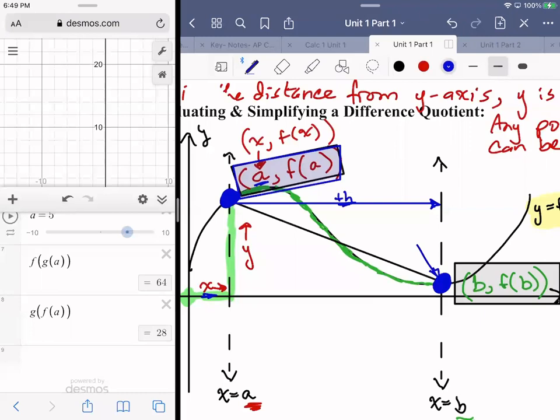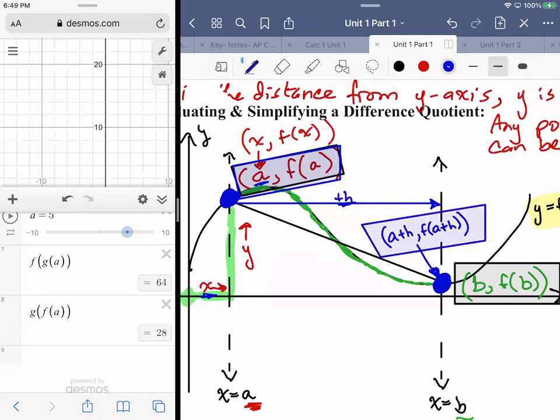We could say a plus h as our x value. And we know that the y value is f of whatever your x value is. So the y value would be f of a plus h. So it's possible to call it this instead of the b comma f of b.